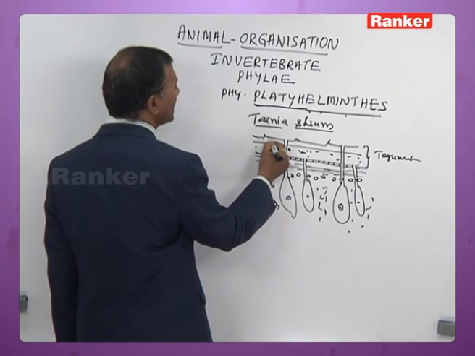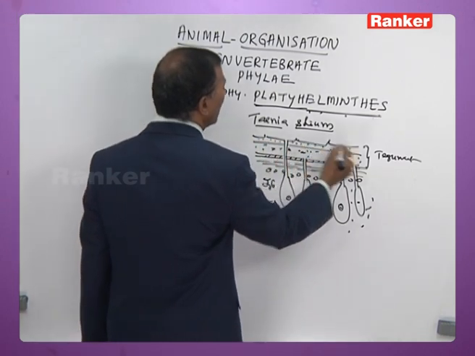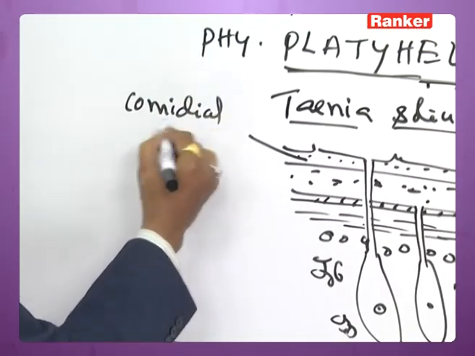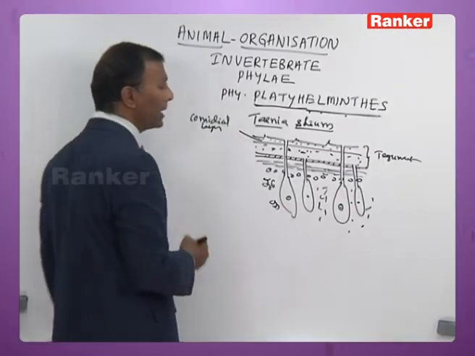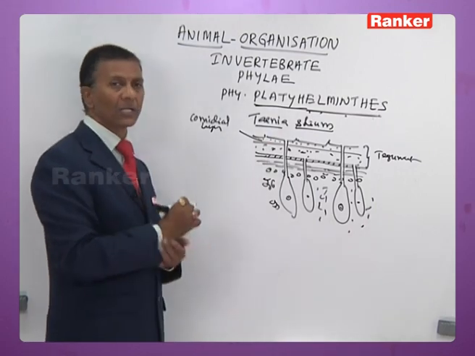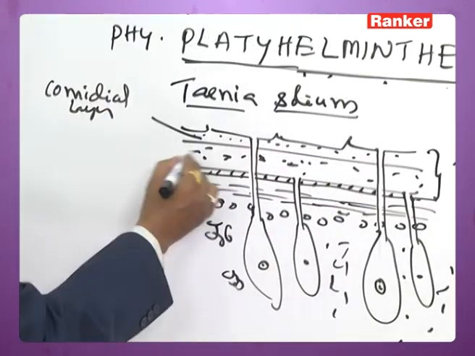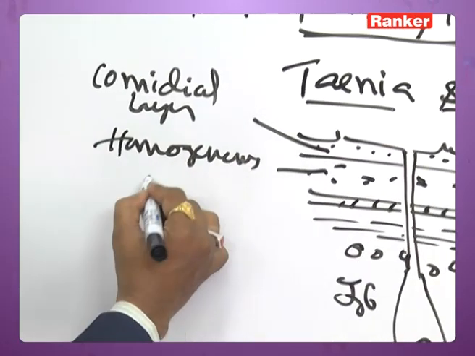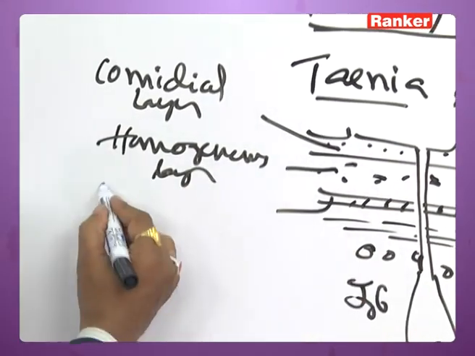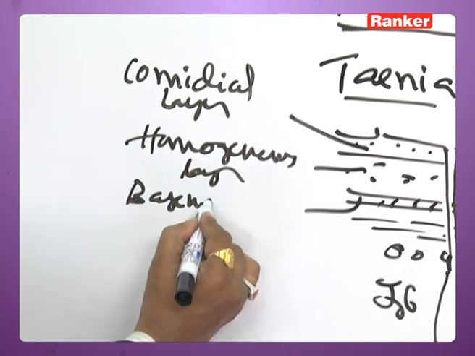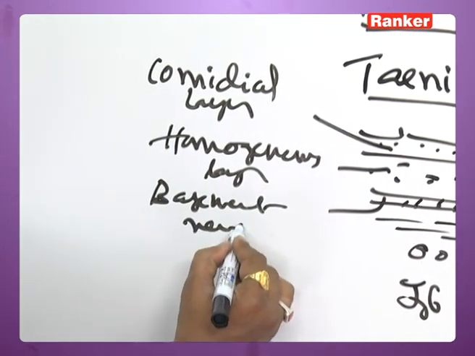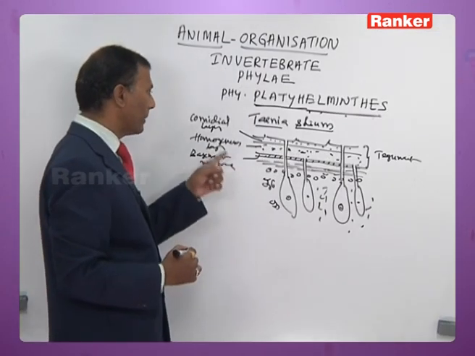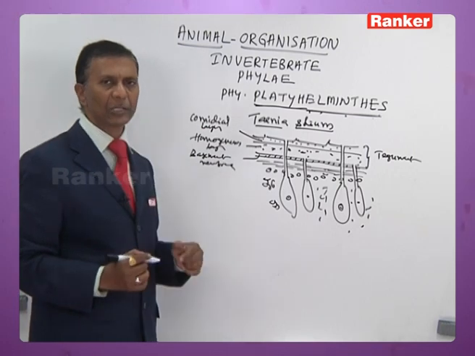The outermost layer of tegument is called cometal layer, which is provided with numerous hair-like projections called microvilli. Below cometal layer, it has a homogeneous layer. Below that, it has got a basement membrane. So tegument consists of cometal layer, homogeneous layer, basement membrane.